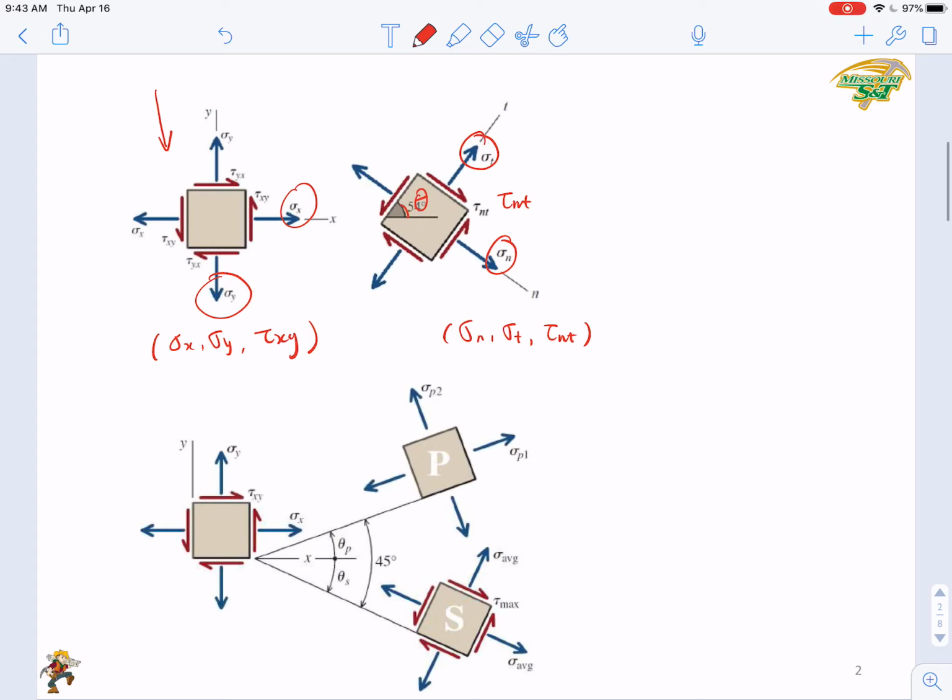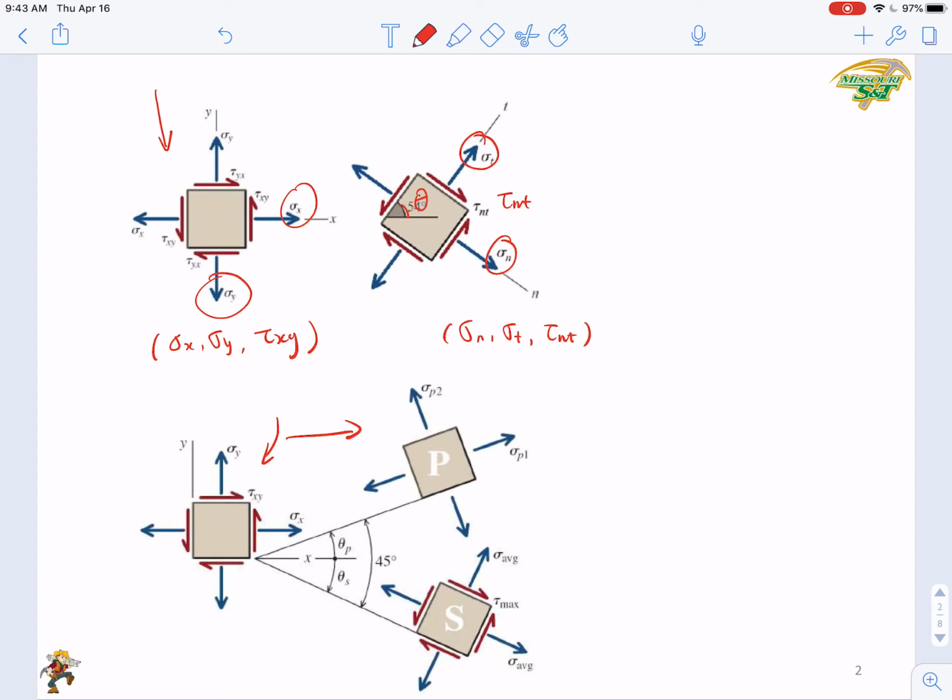Right. We also introduced a concept called principal stresses. Principal stresses are the maximum and minimum possible normal stresses at a point that you can calculate from the initial random stress status. Then you will get the principal stresses.